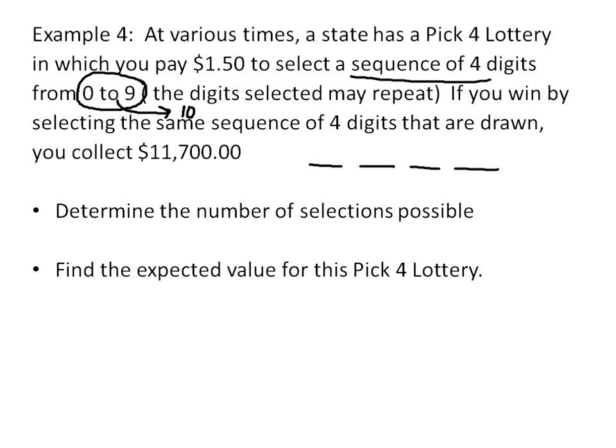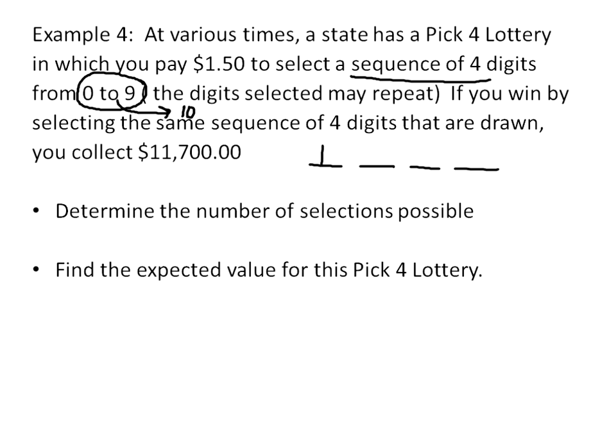The digits selected may repeat. So if I wanted to select the number 0 4 times, I could do that. If you win by selecting the same sequence of 4 digits that are drawn, you collect 11,700. All right, so I'm trying to find out how many possible combinations there are, or how many possible outcomes there are.